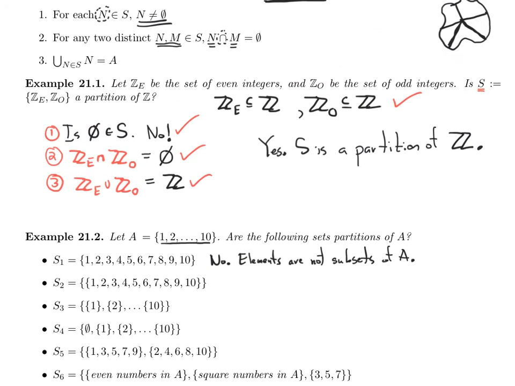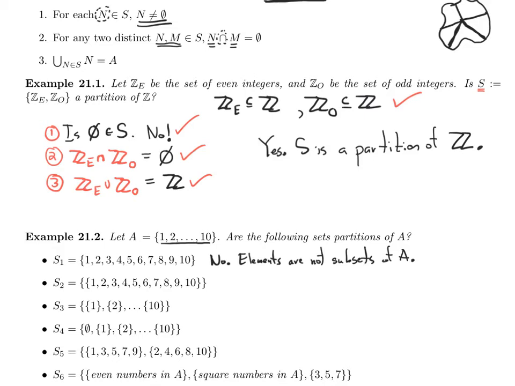It says, for any 2 distinct sets, N and M. Here, there is only 1 set in S2. S2 has 1 element, and it's the set from 1 to 10. So S2, in fact, is vacuously true because this sentence does not apply to it.